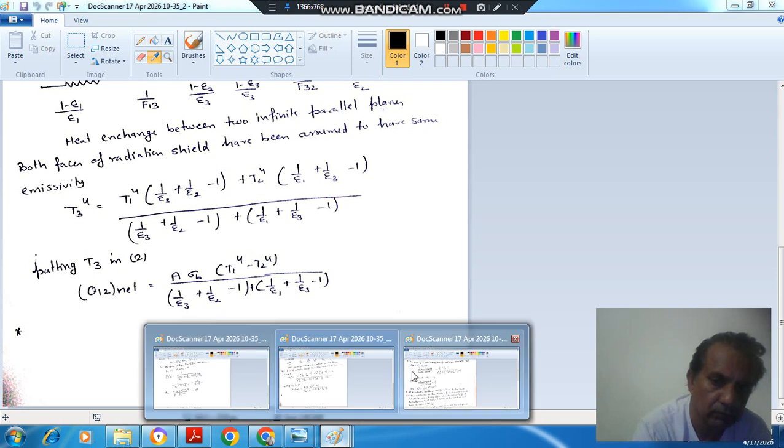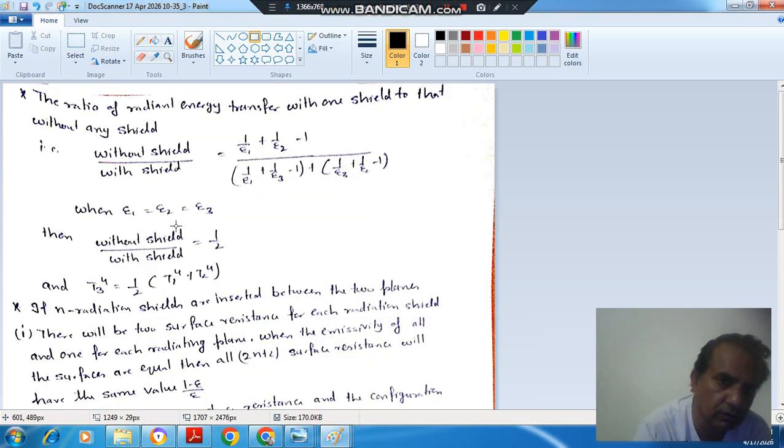Okay, so now for the heat transfer without shield by with shield, we divide 1 and 2, then we will get heat transfer without shield divided by heat transfer with shield. That is equal to (1/epsilon 1 plus 1/epsilon 2 minus 1) divided by (1/epsilon 1 plus 1/epsilon 3 minus 1) within bracket plus (1/epsilon 3 plus 1/epsilon 2 minus 1) within bracket. Okay. So that is the ratio of heat transfer without shield and with shield.